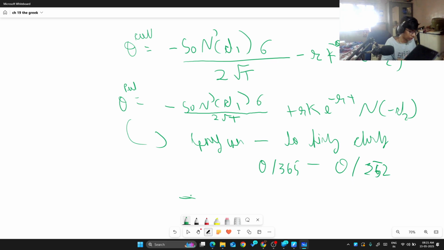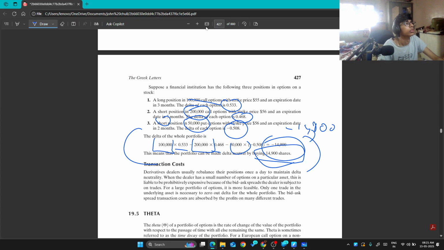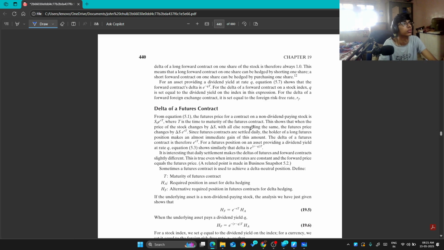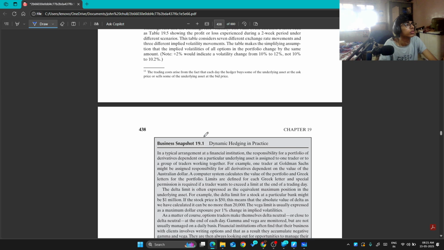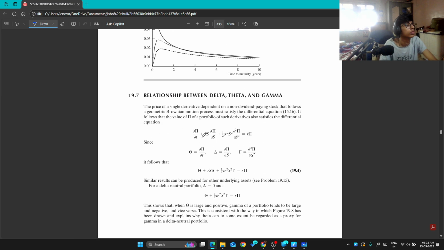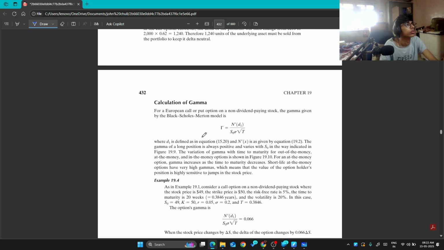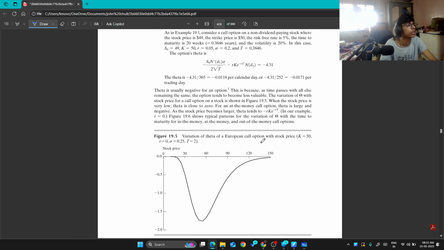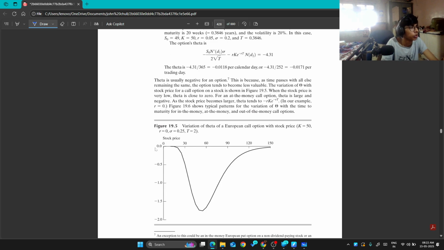And yes, let me show you the plot. So you can observe that most of the theta is negative, and at the money the theta is largest, K equal to 50.